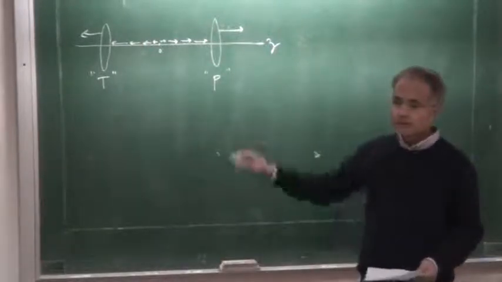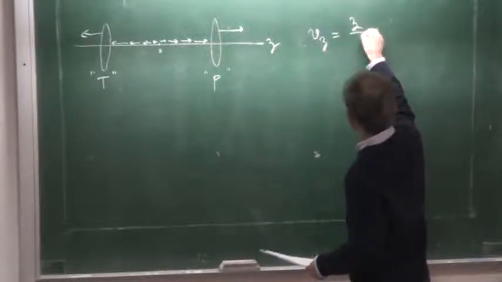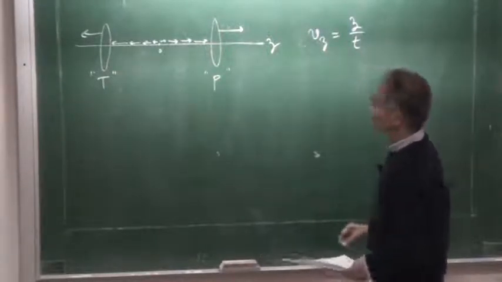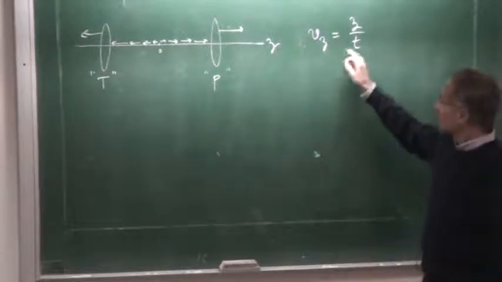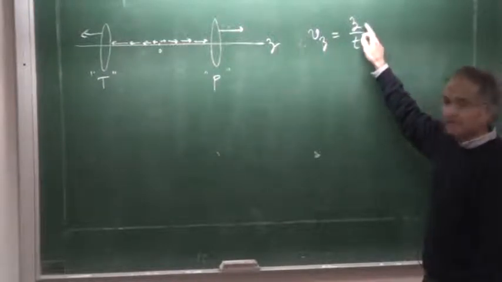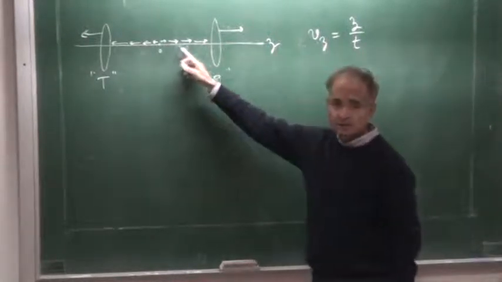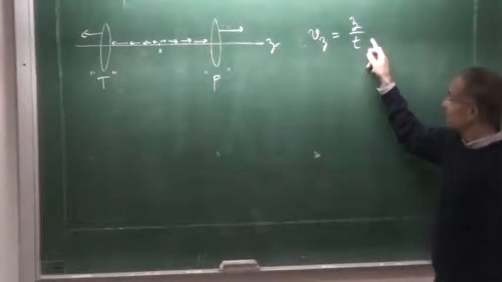So Bjorken proposed that velocity v_z is given by this. At any given time, the matter that is located at z has velocity z upon t. When z is 0, the velocity is 0, and it keeps on increasing successively.